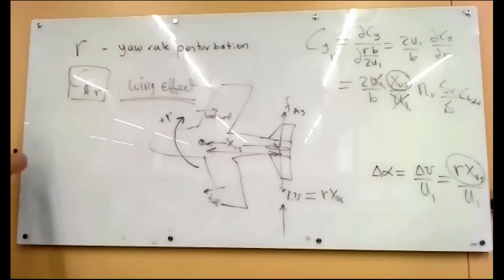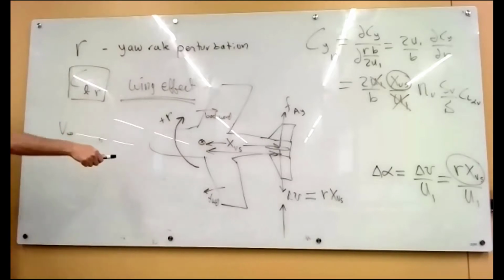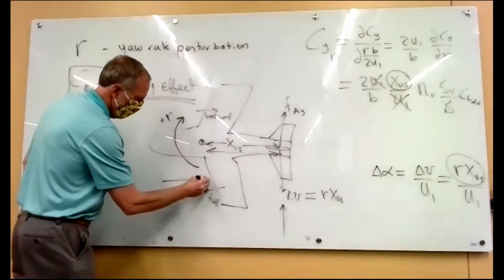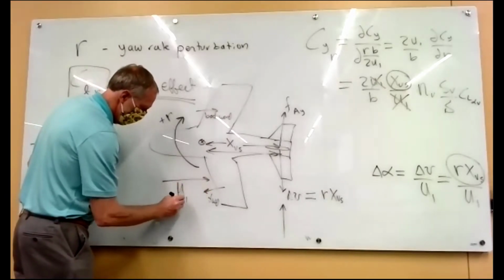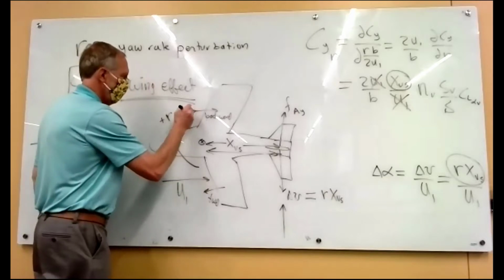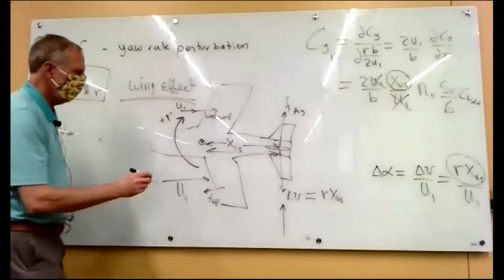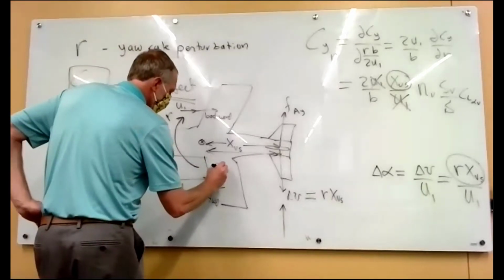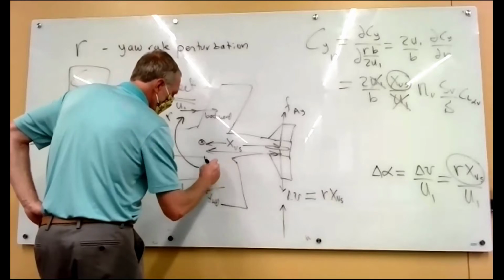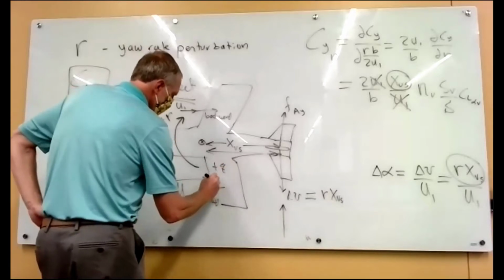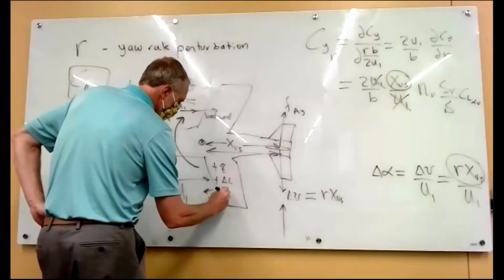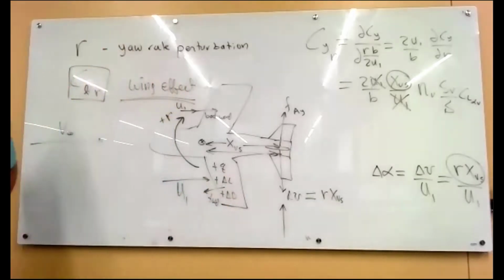Now that's forward and backward on top of the V infinity, but that wing has a higher forward speed than this one. Because that wing's moving forward against the relative wind, you get a higher relative wind over here. No, sorry, you get an increase in dynamic pressure, which gives you more lift and more drag on this wing.